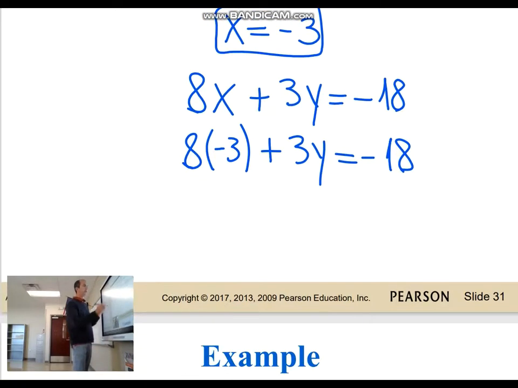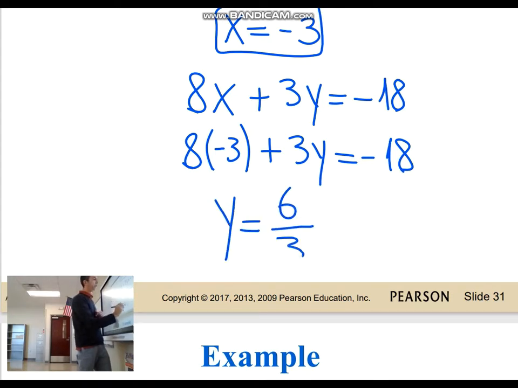After you simplify, you're going to apply the addition property. 8 times negative 3, negative 24. If you move it to the other side, it becomes positive 24 plus negative 18, 6. 3y equals 6. y equals 6 divided by 3, y equals 2.